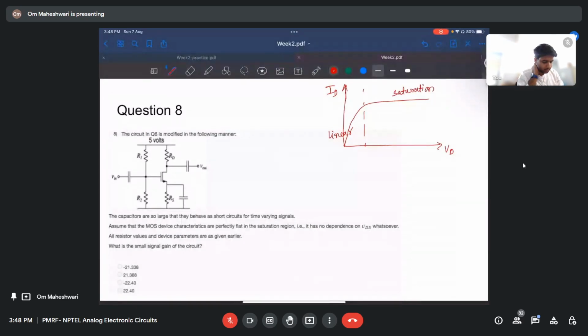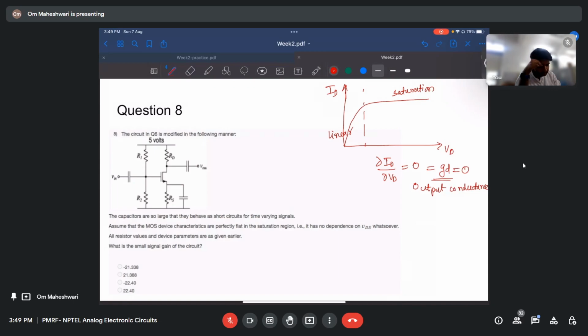They are saying in saturation it is completely flat. So there is no change in ID with VD, that means del ID by del VD equals 0. And this is actually GD, the output conductance, equal to 0. I hope this is clear. If not, please speak up.